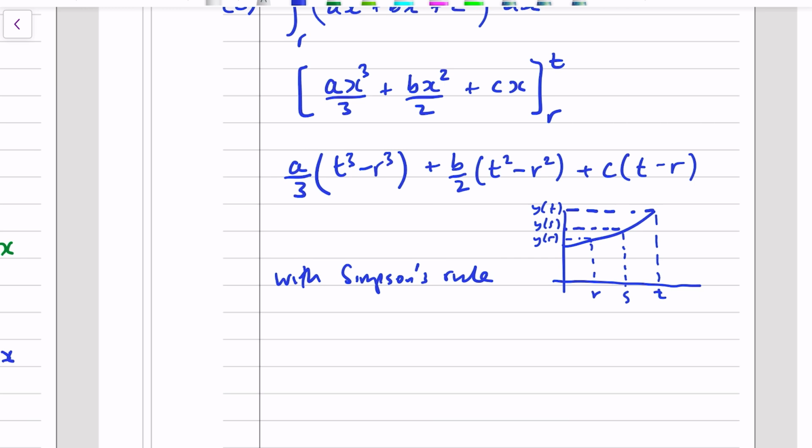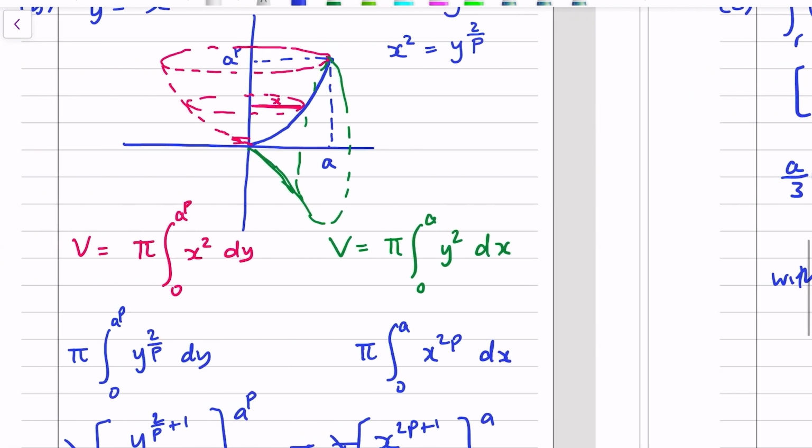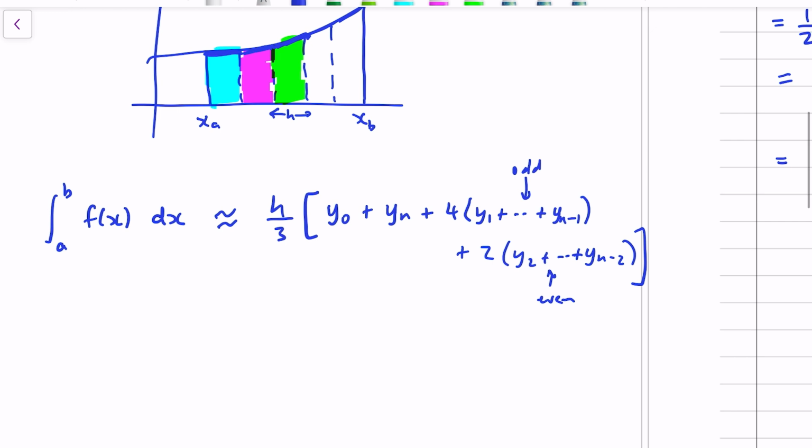Okay, so h over 3. Bear in mind we're just finding this part here. Looking back at that formula, we've got this thing in the front which is h over 3. In our case we're going from r to t, so the total width is t minus r. We divide by 2 because we've got 2 regions, and then also divide by 3.